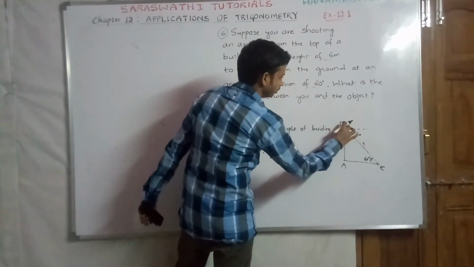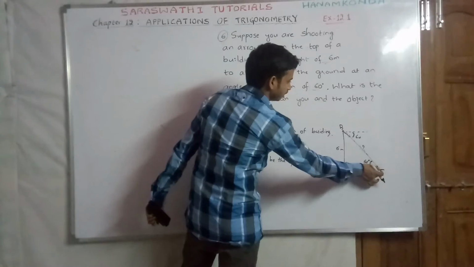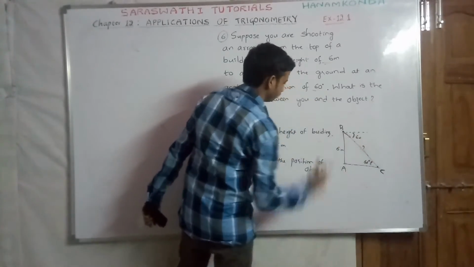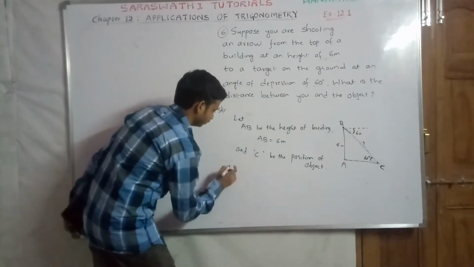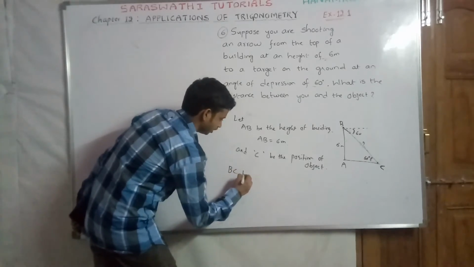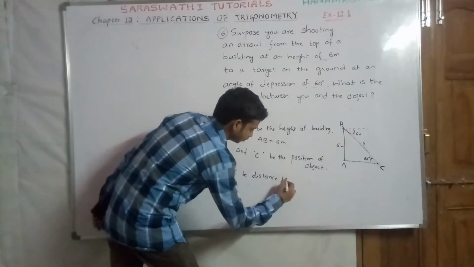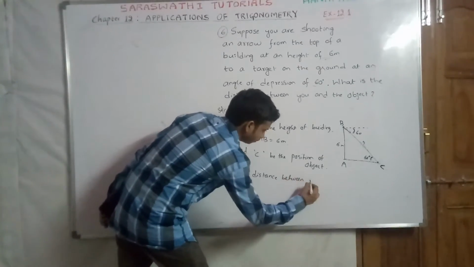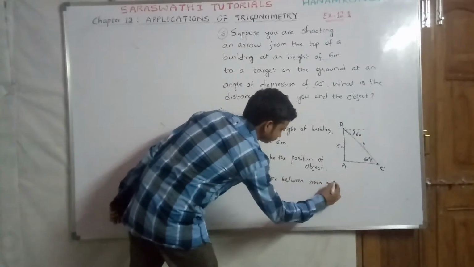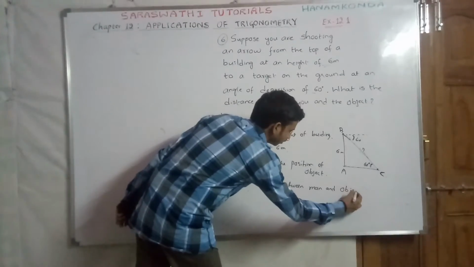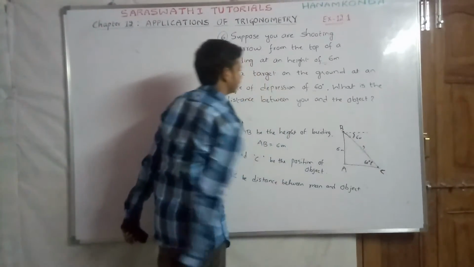You are at position B and the object is at position C. That means we have to find the distance BC. BC is the distance between the person and the object.